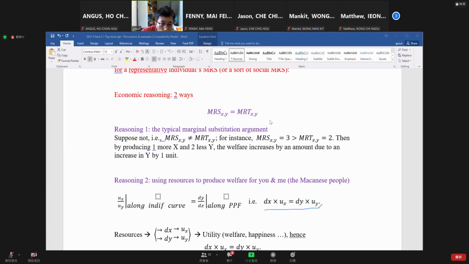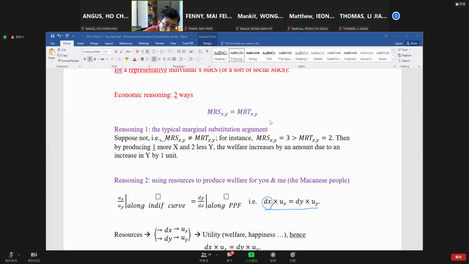Okay, what does this mean? This one means we can produce a little bit more X, that's a small change in product X, if we reorganize our social production in a way to increase X a little bit. If we do it, eventually we put more X into the hands of the consumer.